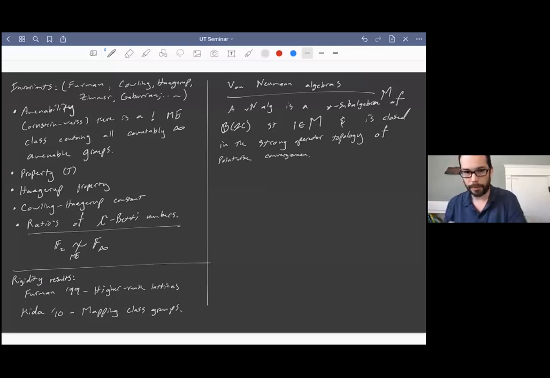So a net of operators converges to another operator if, when you apply it to each vector, it converges to that corresponding vector. So that's the definition of a von Neumann algebra.